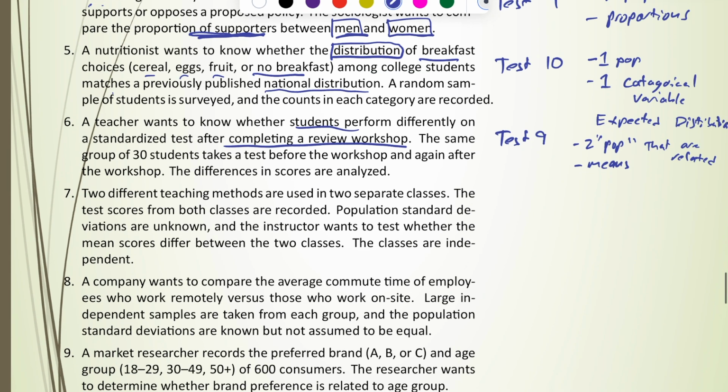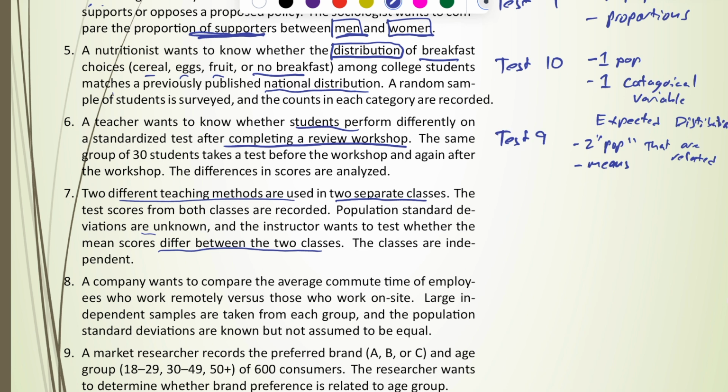Two different teaching methods are used in two separate classes. The test scores from both classes are recorded. Population standard deviations are unknown, and the instructor wants to test whether the mean scores differ between the two classes.